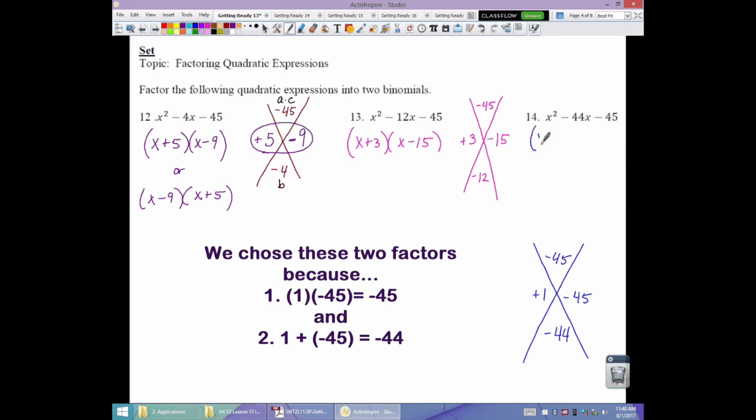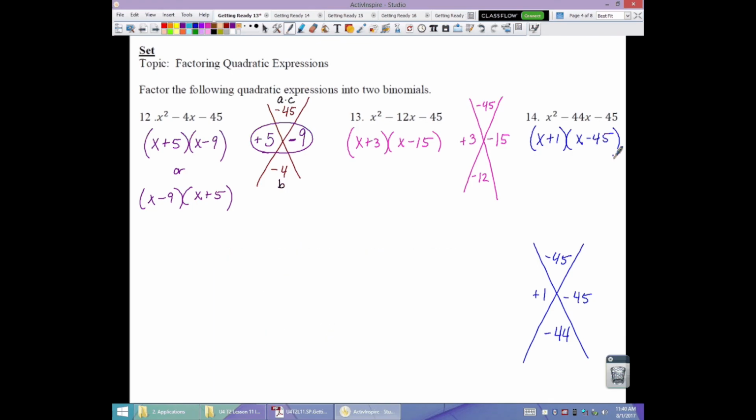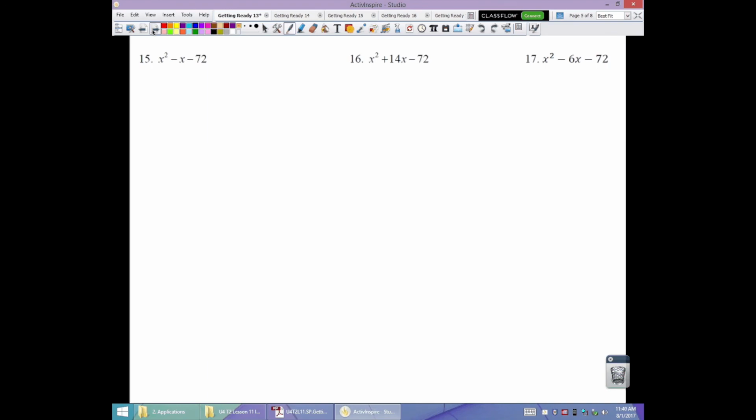So x plus 1 times x minus 45. Remember, if you're ever in doubt about your factored expression, just FOIL it back together, make sure it equals your original trinomial.